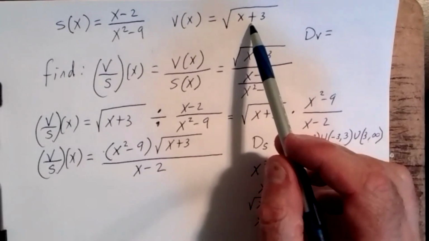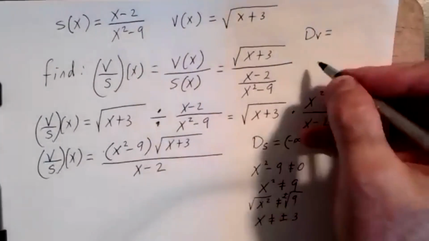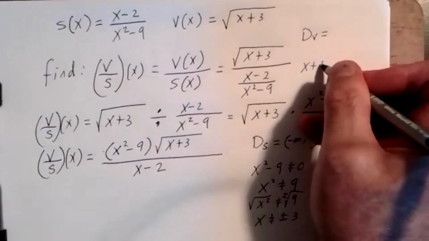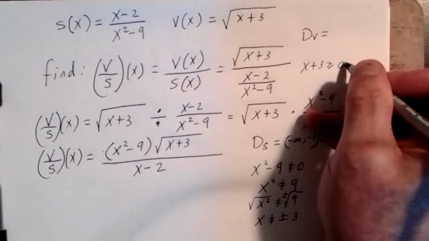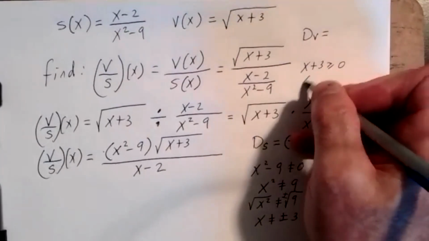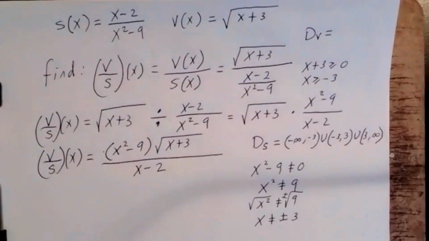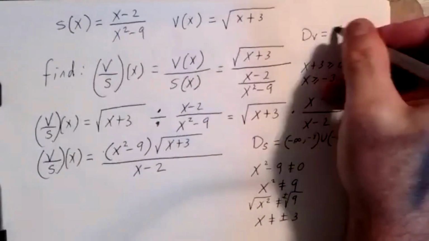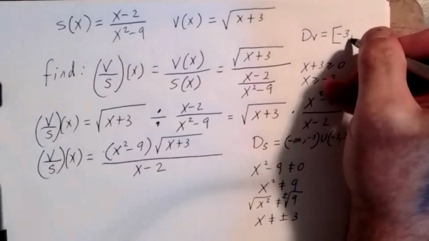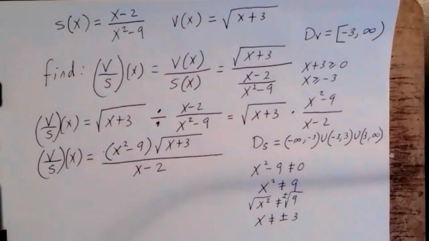So in order for this function to be defined, we must require that x plus 3 be greater than or equal to 0, which, when you solve for x, implies that x must be greater than or equal to negative 3. So the domain of function v is all real numbers greater than or equal to negative 3.